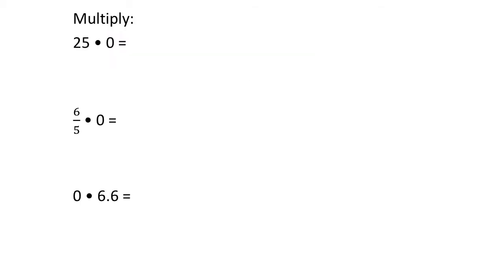So yeah, we got these problems. Again, this would read, you got 25 groups of nothing. Yeah, you still got nothing. Maybe that's kind of more sad than it needs to be. And yeah, even if we see fractions like this, right? 6/5 of nothing, there's still nothing, you guys. Or like this one, if you have no groups of 6.6, it indicates that you would have nothing.